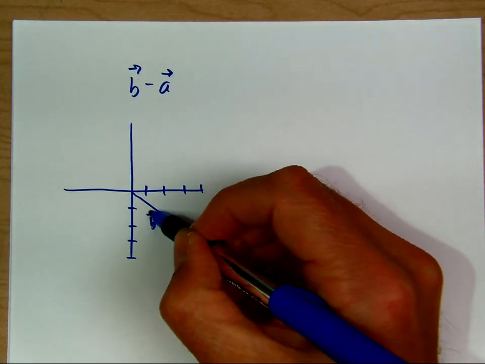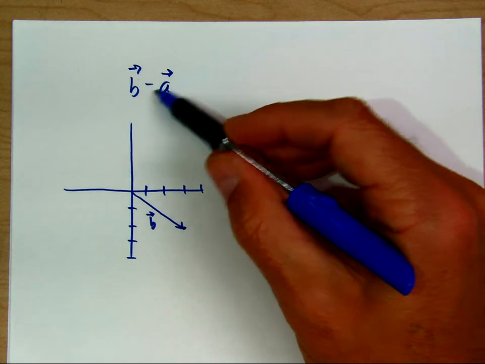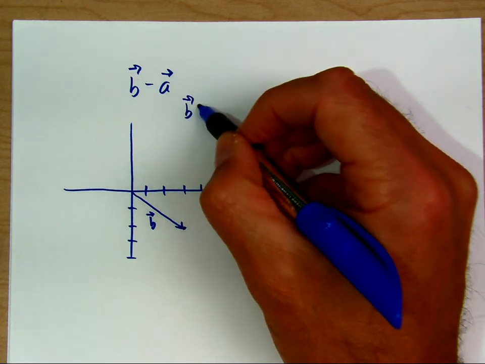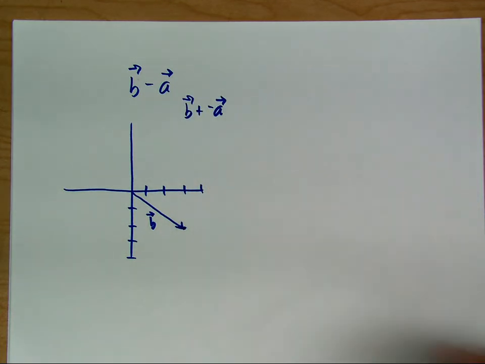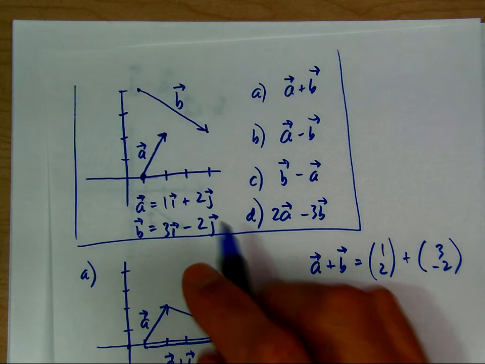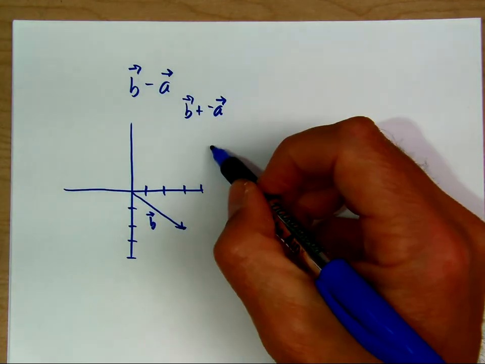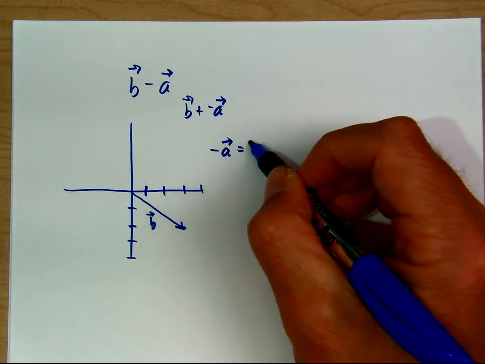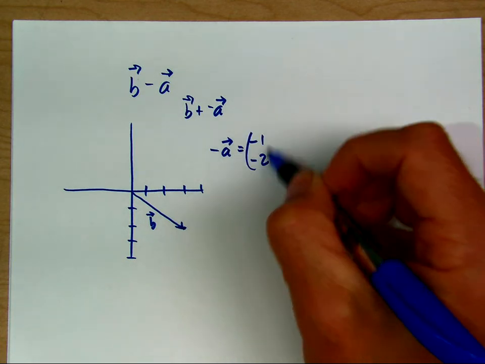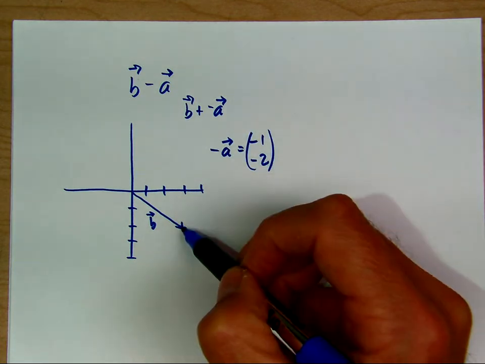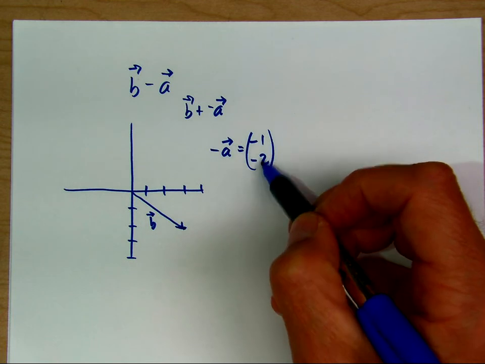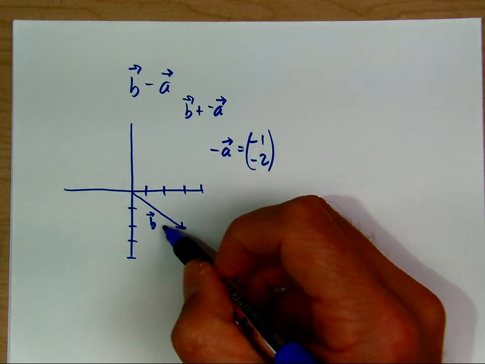Vector B, and then I need the opposite of A. I'm going to go B plus negative A, and A is 1, 2, so negative A is negative 1, negative 2. So at the end of B, we'll go left 1, down 2. Left 1, down 2.